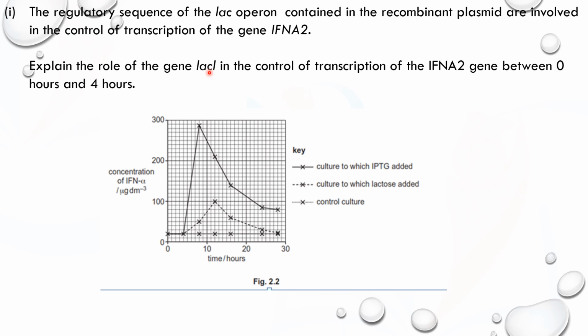It codes for a repressor protein, which prevents transcription. How does it prevent transcription? It binds to the operator and prevents RNA polymerase from binding to the promoter. So transcription of that gene, the gene for this protein, that is IFNA2, does not occur.